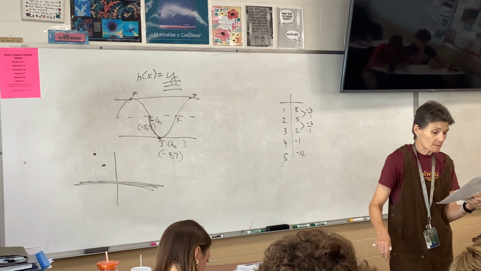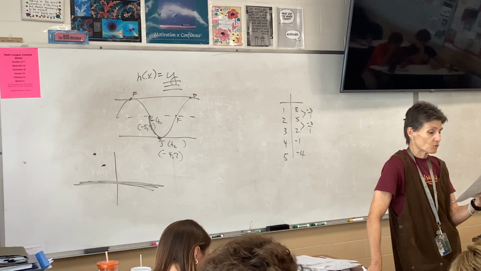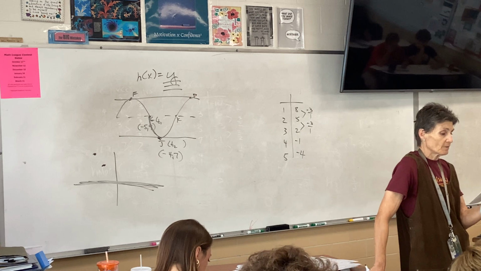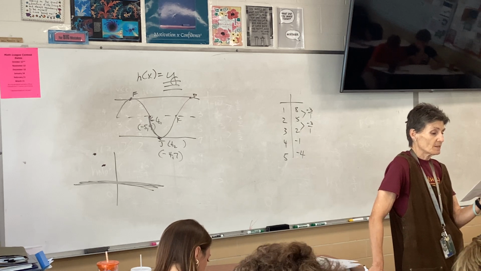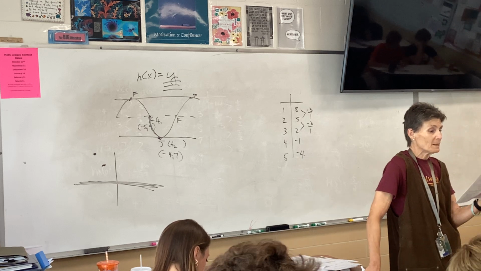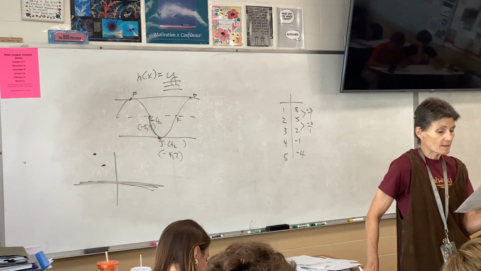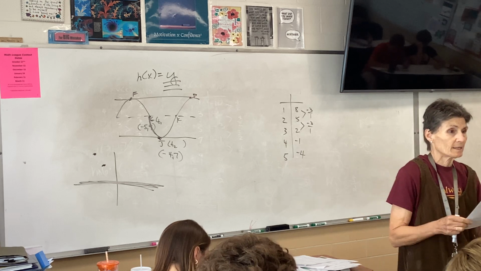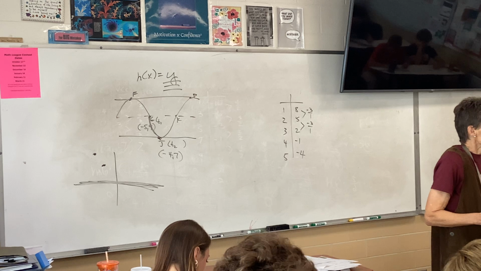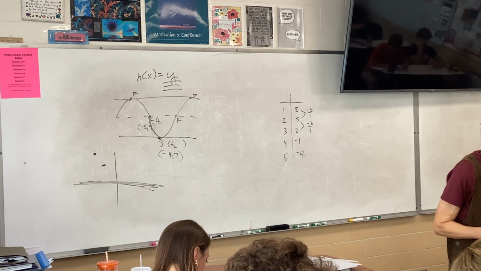Which of the following statements about the rate of change of F is true? The rate of change of F is negative on the interval from B to C. I'm just reading each one, trying to figure out. So from B to C, would you say the rate of change of F is negative? No, very good. Rate of change is slope, right?